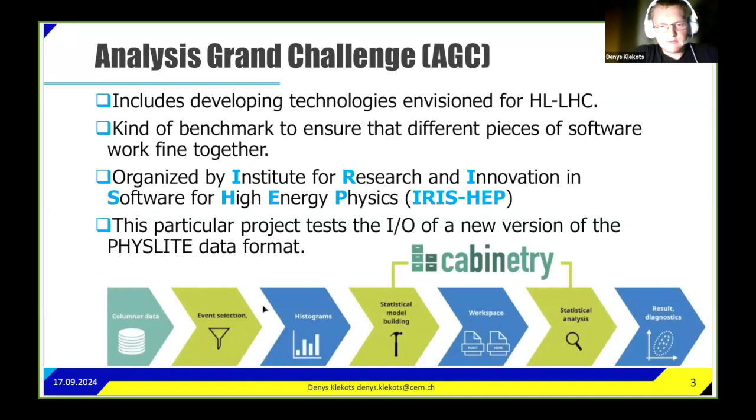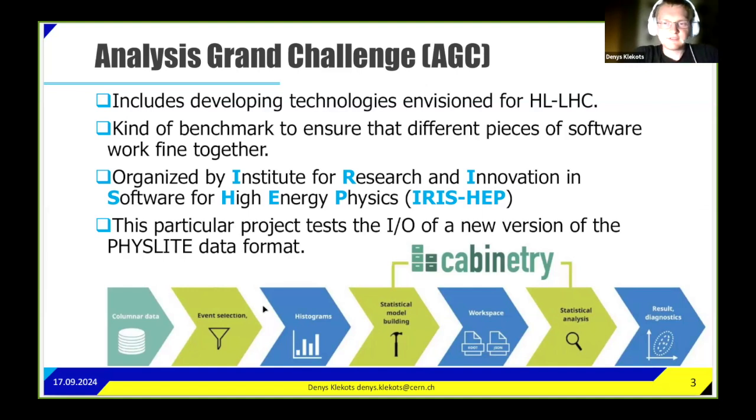Just a few words about the Analysis Grand Challenge. It's a kind of benchmark to make sure that everything works correctly. I mean, there are several different libraries, and at least this AGC is to bring them together and to check that it works as it should.